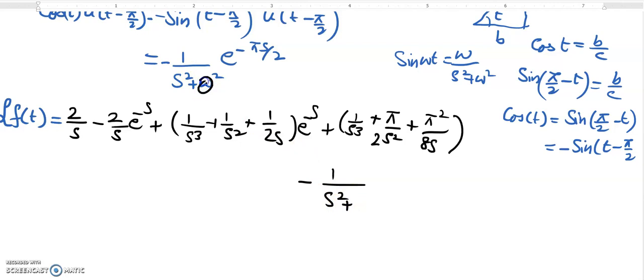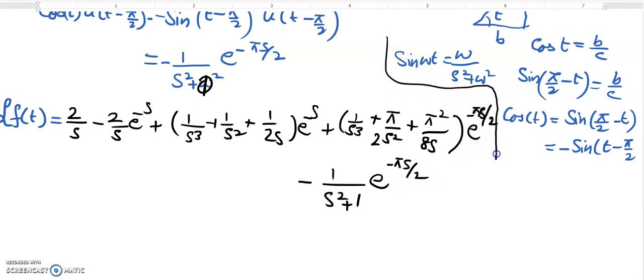Omega was actually 1 over here, so s square plus 1, and e power minus pi s over 2, and here also e power minus pi s over 2. So in this way we have found the Laplace transform of this function.